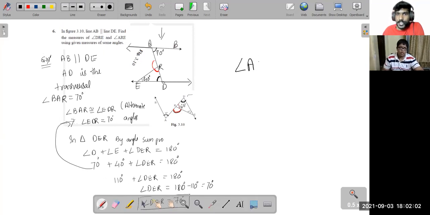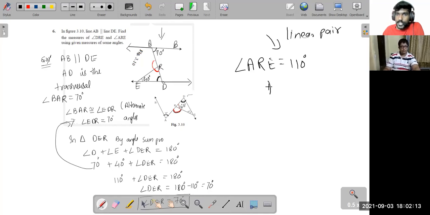You told me angle ARE is 110 degrees and you used linear pair. I am saying you can find this by using the remote interior angle theorem also.